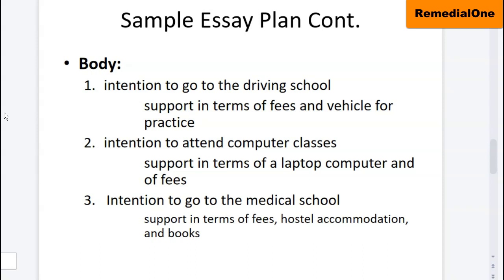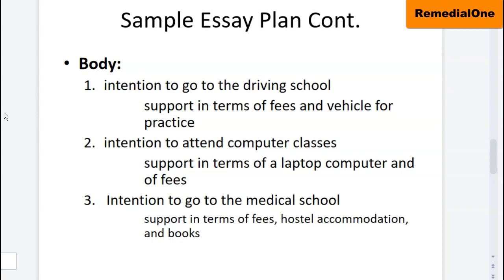Now, here he will need support from his elder brother in terms of fees, vehicle for practice. This invariably gives the idea that probably the elder brother already has a car or a vehicle that our candidate is going to use for practice once he starts the driving school proper.